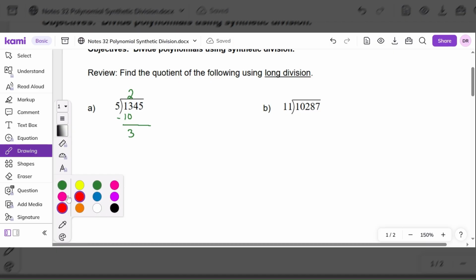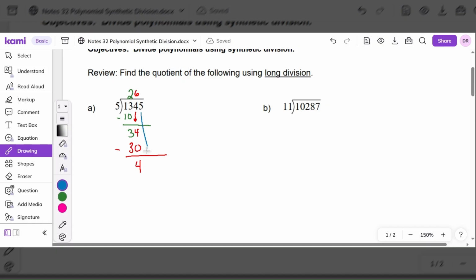So the next thing that we would do is we'd bring down the 4 and we'd ask ourselves, can 5 go into 34? And it can. It turns out it can go into 34 6 times, because 6 times 5 is 30. And then once we get that value, we subtract. 34 minus 30 is 4, and then we bring down the next term.